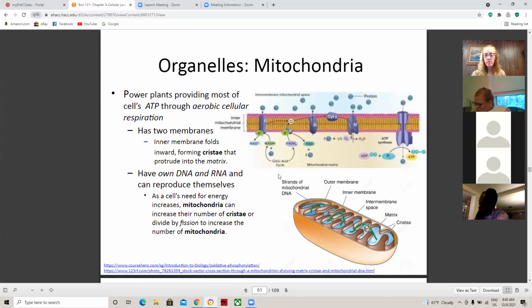The mitochondria, the first organelle we're going to talk about, are the power plants that provide most of the cell's ATP through aerobic cellular respiration.